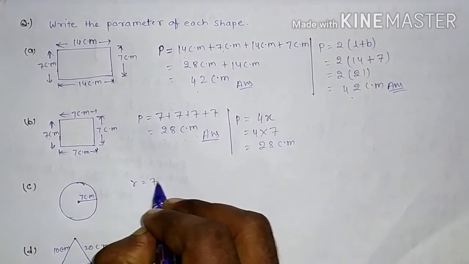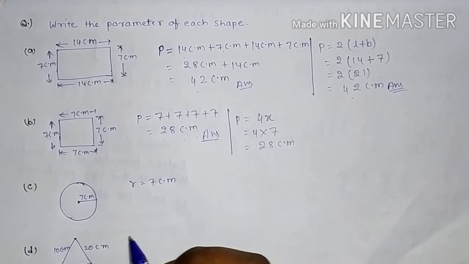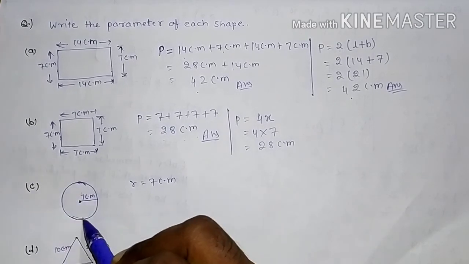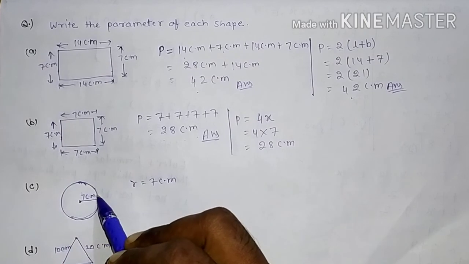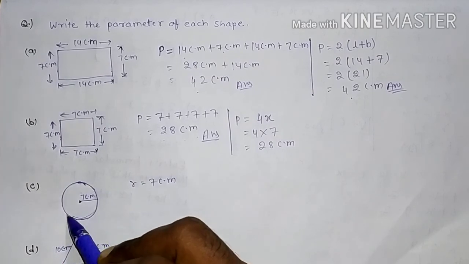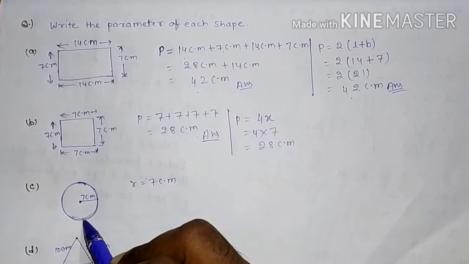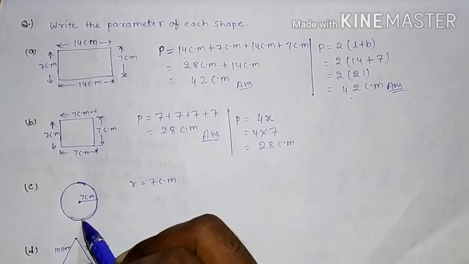R equals 7 centimeter, and the perimeter will be the circumference of the circle. So we know that the length of the circumference of a circle, the formula will be 2 pi r.